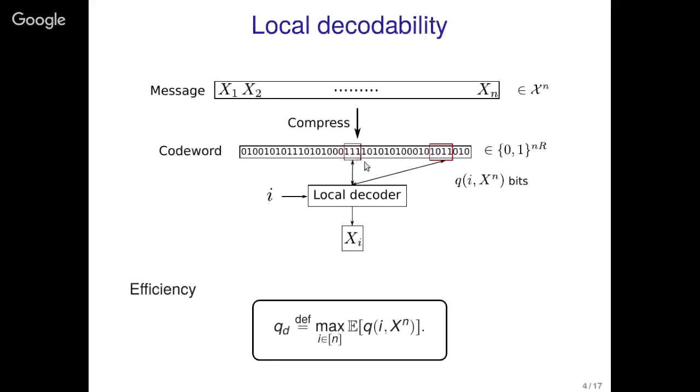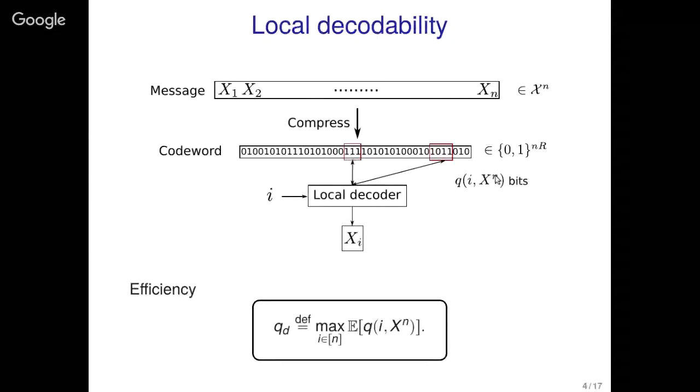The number of bits probed, which we will denote q(i, x^n), will depend on i and also on the source x^n. And the goal is to minimize this number, the number of bits probed, as much as possible.